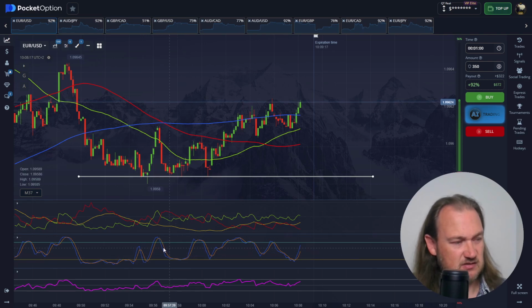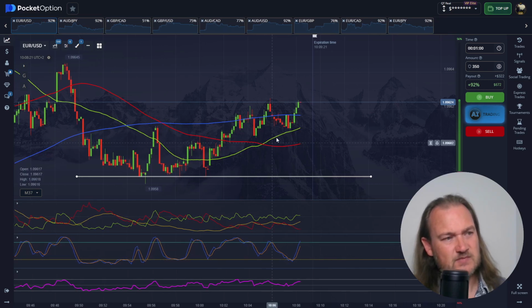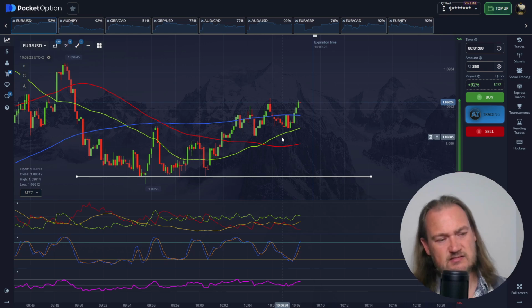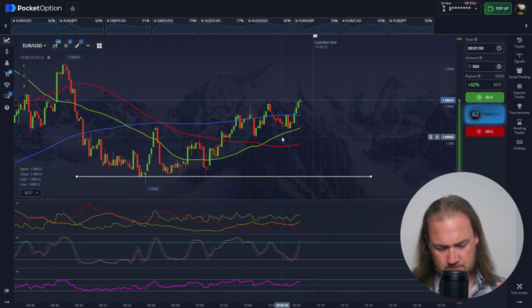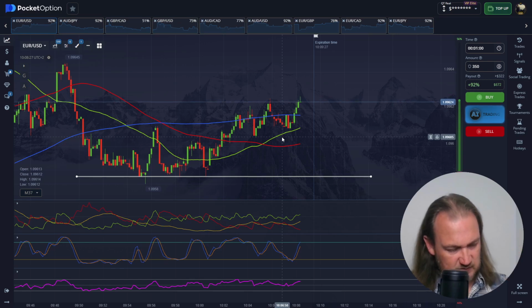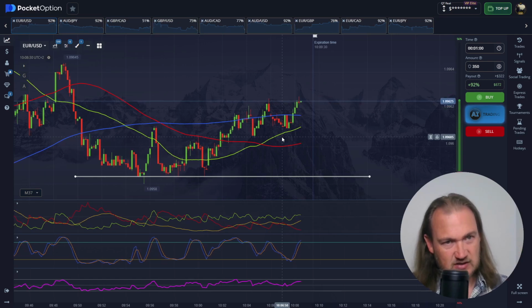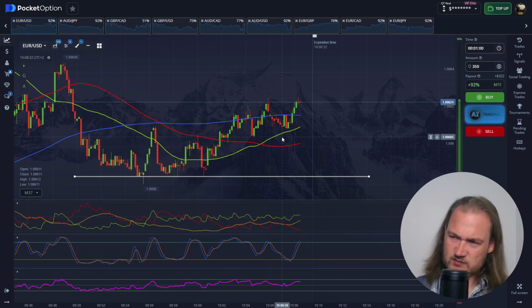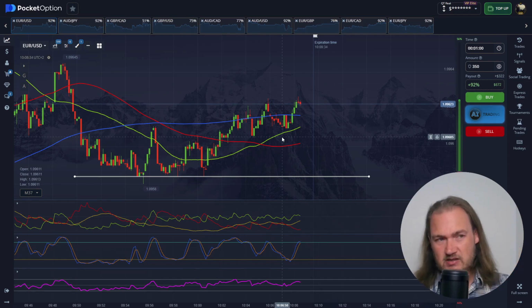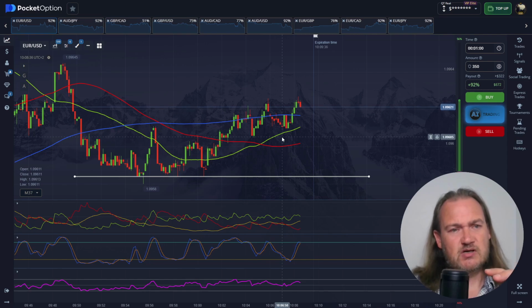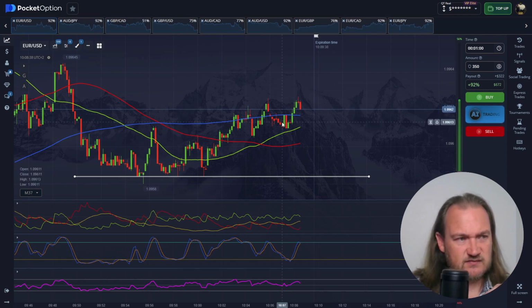Those are the setups that I look for most of the time. When it's jumping like this, I suppose you can say it's a fight between the bulls and the bears at that moment. So you're going to get big red candles, big green candles, big green, big red, and price is going to be very indecisive.